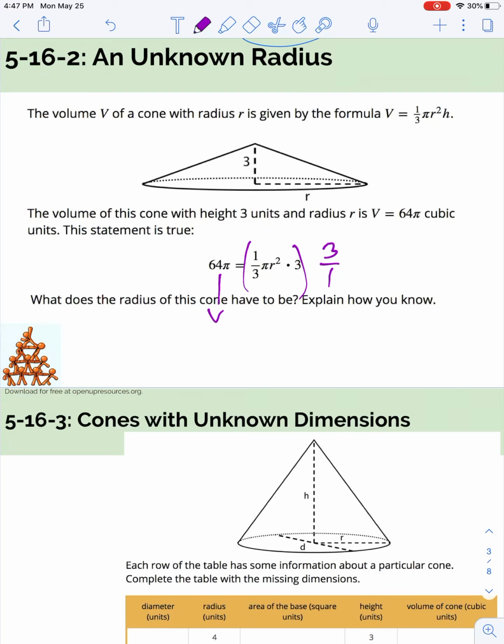So by 3. So 64 times 3 is 192 equals pi r squared times 3, because these 3's canceled out. That makes sense. Okay.